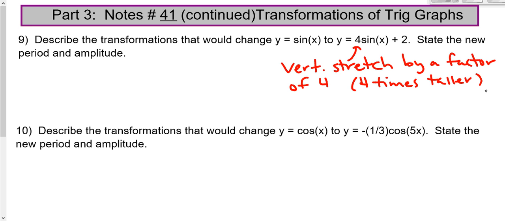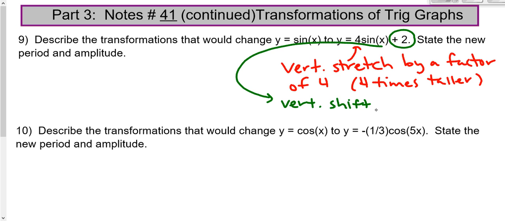Okay? What would happen to a graph, any kind of graph, if you add 2? So that is going to shift it up. So that's a vertical shift up 2 units.